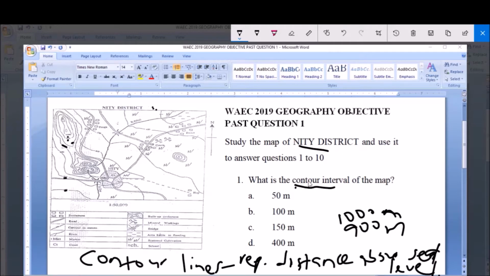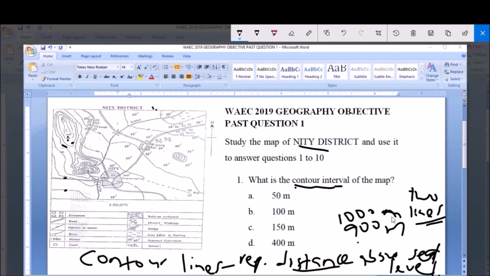So the contour interval is the distance between two contour lines, and it's basically gotten from subtracting the one below from the one above. In this instance you have 1000 and 900.